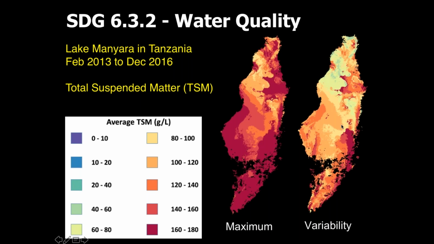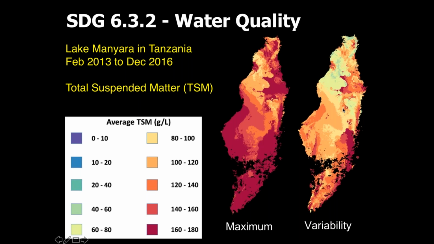So this portion right here in the far southeast is a highly variable sediment load, and there's a portion up here that's highly variable. These areas here stay relatively clean and they're relatively stable. And this area here, though it's stable, is relatively high sediment.